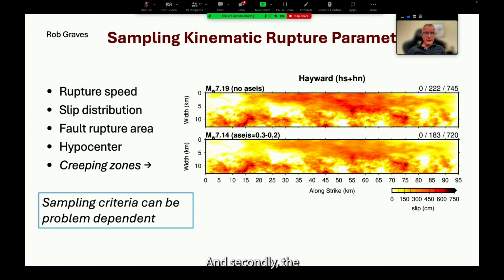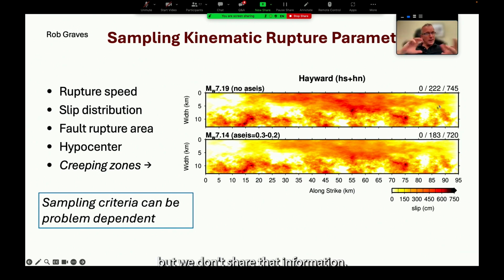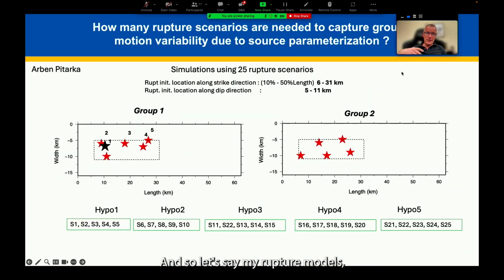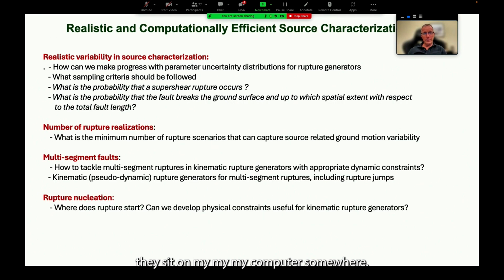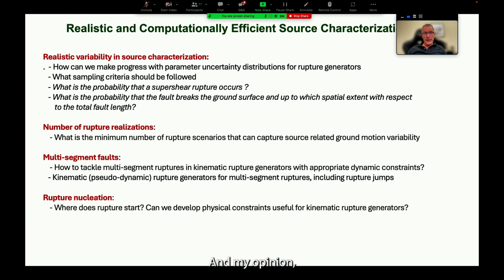And secondly, let me say, research team A has its dynamic rupture simulator and has created 50 models and does an analysis. Research team B does the same with 20, and research team C with 100. But we don't share that information. My dynamic rupture models sit on my computer somewhere, and nobody else uses them in a different analysis.